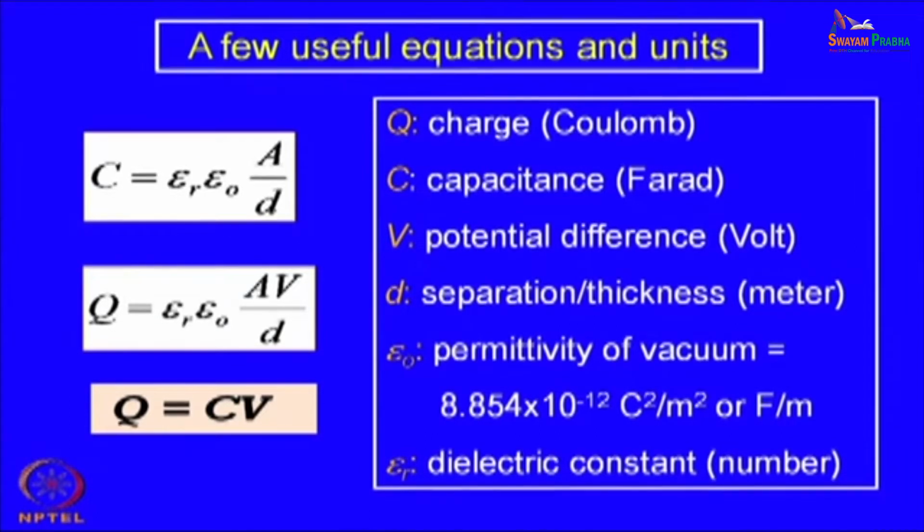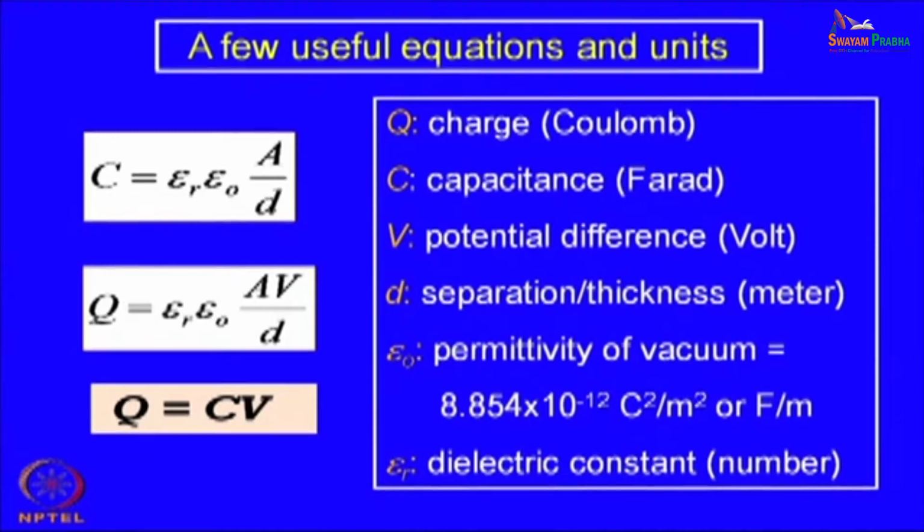V is the potential difference in volt, small d is the separation or the thickness of the insulator, and it is in meter. Epsilon naught, which is a constant, is the permittivity of the vacuum or sometimes called the permittivity of free space, and the value is 8.854 times 10 to the minus 12 coulomb square per meter square, or farad per meter.